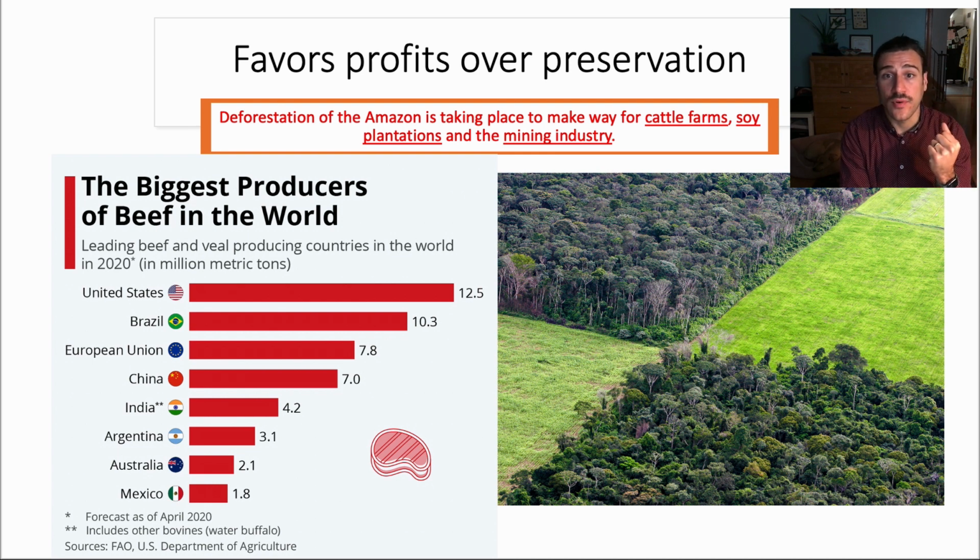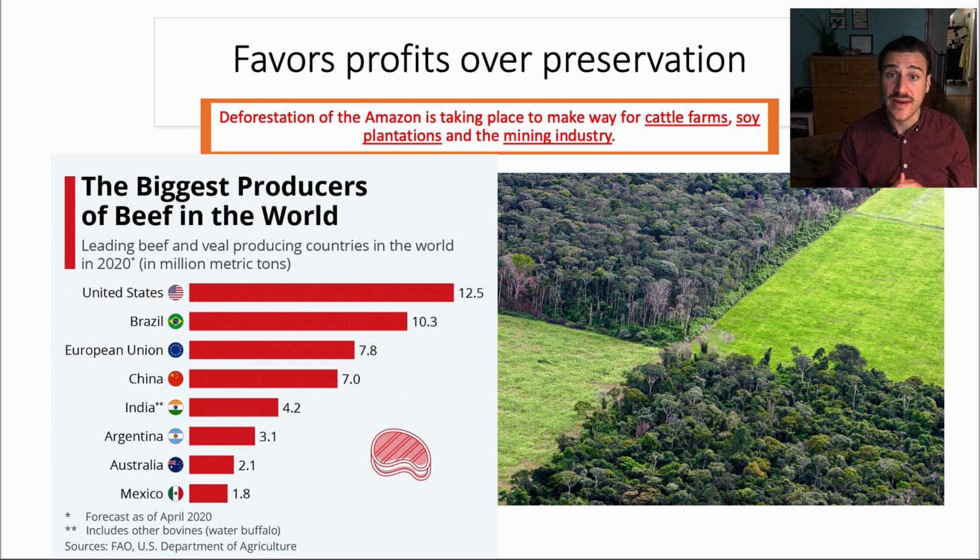For example, we have Donald Trump relaxing environmental laws so that the American GDP can increase. If we increase mining and deforest land and search for oil, our dollar is going to be worth more. So many political parties throughout the world favor profit over preservation.